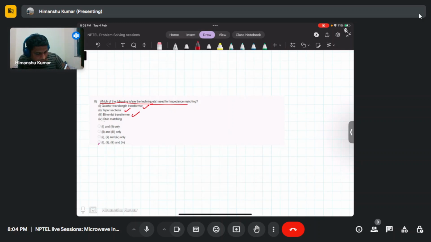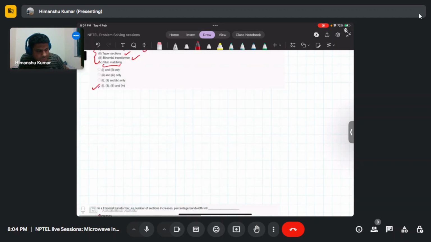Stub matching is also used. You can put a stub in the path of your transmission line, either series stub or shunt stub matching, and all of these are techniques used for impedance matching. So the correct option is the fourth one.